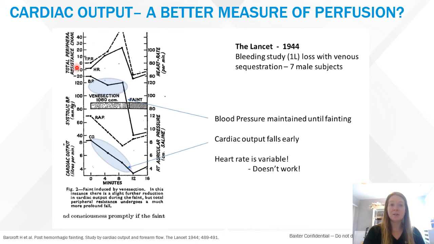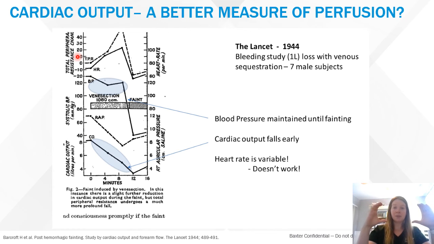Another thing that happens is TPR. You might know it as SVR, but it stands for total peripheral resistance. This is also known as your afterload for hemodynamics. So this is a normal vessel, this is a constricted vessel, and this is a dilated vessel.